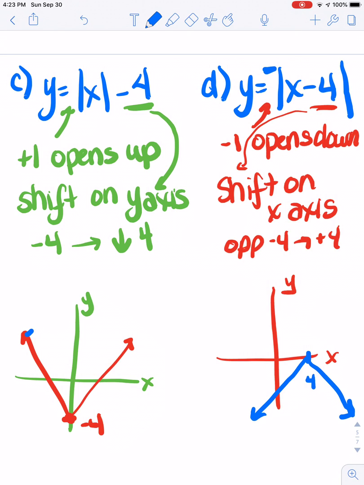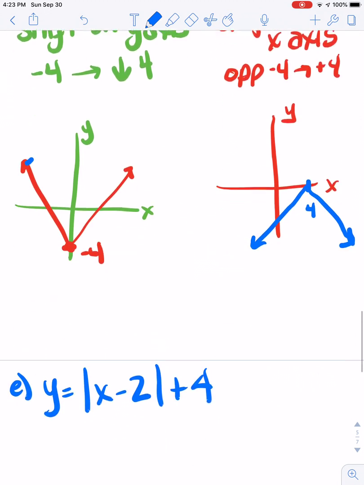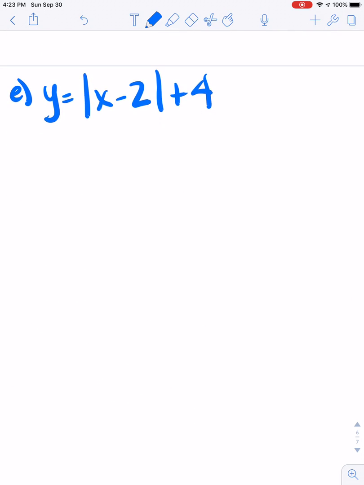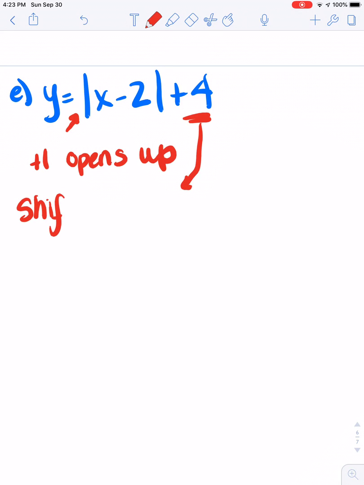Okay, let's look at some that have a mixture of movements. So if I have something that looks like this one, I assume there's a positive 1 in front, which means that it opens up. This plus 4 on the end is a shift on the y-axis.